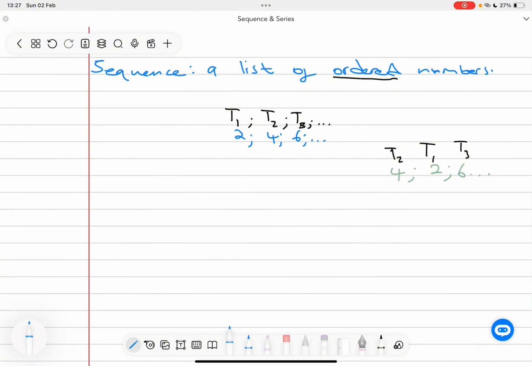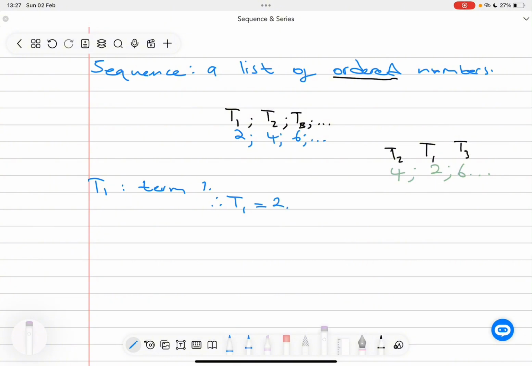But we then have to look at what T1, T2, and T3 mean. So T1 means that it is the first term, what we call term number 1. In other words, T1 represents the number in the first position. So I can say T1 is equal to the number 2.